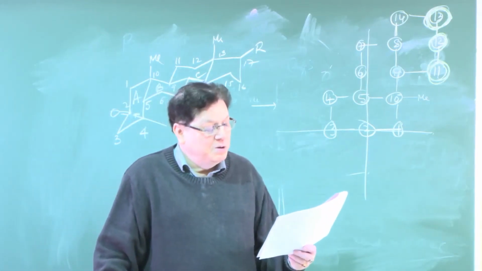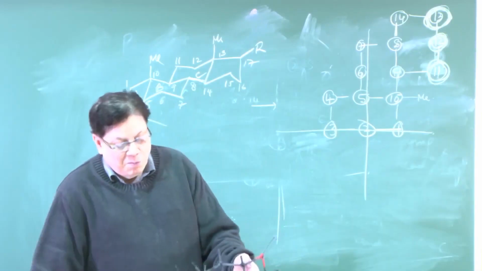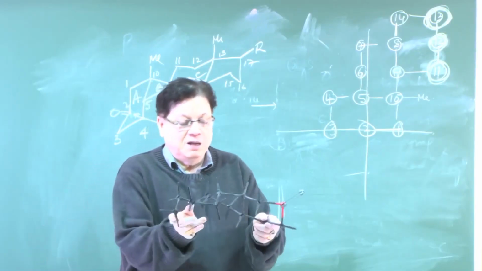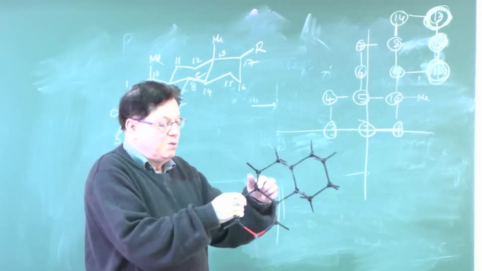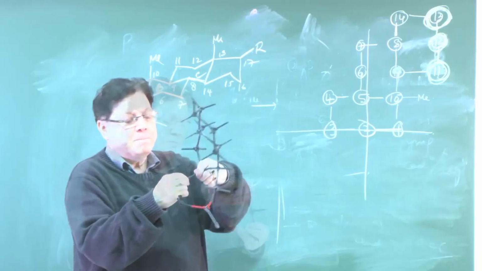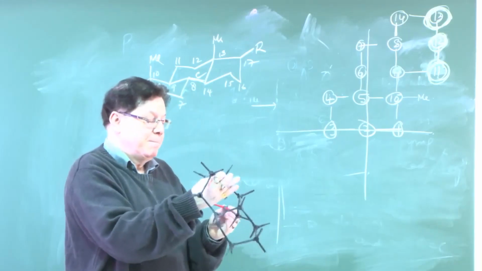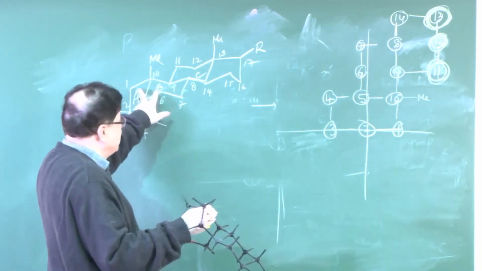Now that is a little bit difficult to understand. I will show you in the model how it is possible and why this is coming in the front octant. So let me try to form the model. That should be a cis ring junction.